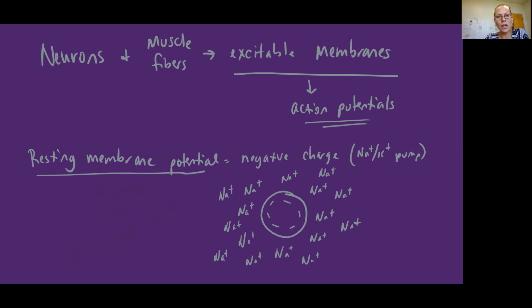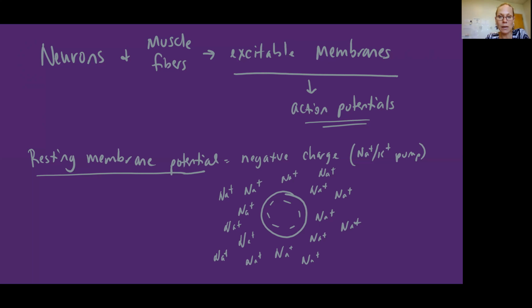Now, we've already talked a little bit, real briefly, about the resting membrane potential way back in Chapter 3. The resting membrane potential is talking about your cell at rest having a slight negative charge. And the reason it has that negative charge is because of the sodium-potassium exchange pump. Ta-da! You've heard of that before. Sodium-potassium exchange pump, remember, is exchanging sodium and potassium.